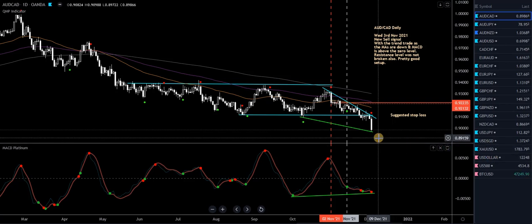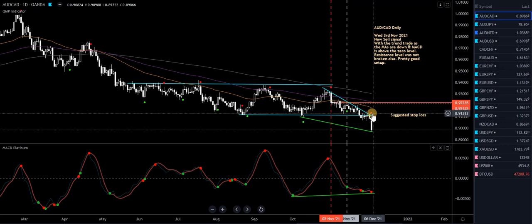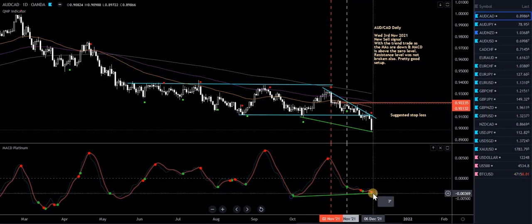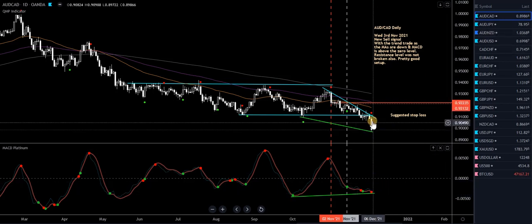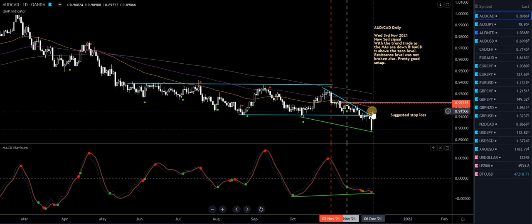Now with TradingView, for example here, this is not a valid trade signal. We've got a red dot on the QMP filter, but the MACD Platinum's a long way below the zero level. This is the AusCAD. See the red dot and the red dot there? If you're on MT4, MT5, they won't be showing as yet.